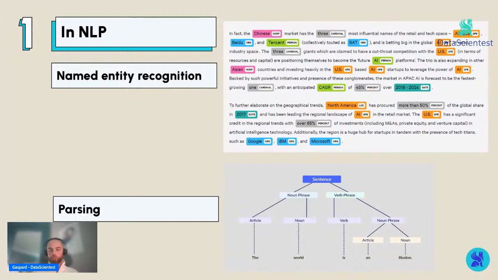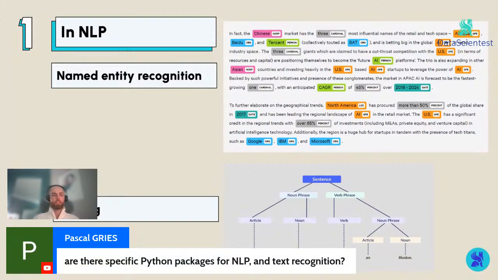So there is a question in the chat: are there specific Python packages for NLP and text recognition? Yes, there are some packages to extract information from text. You have NLTK, maybe I will send you some links. You have spaCy, for example, and fastText also, but these are really packages to extract this kind of information.